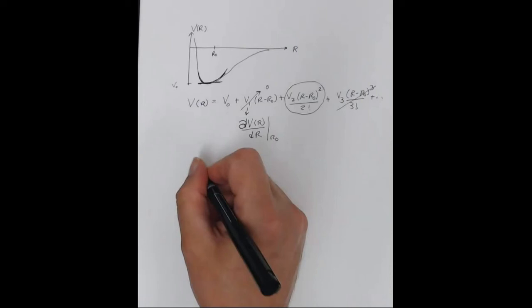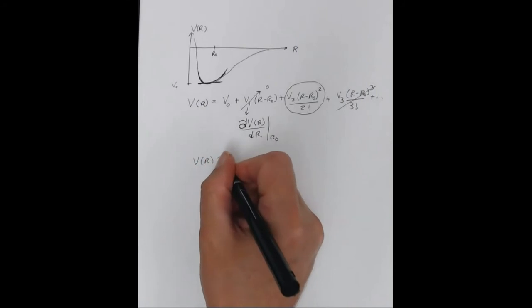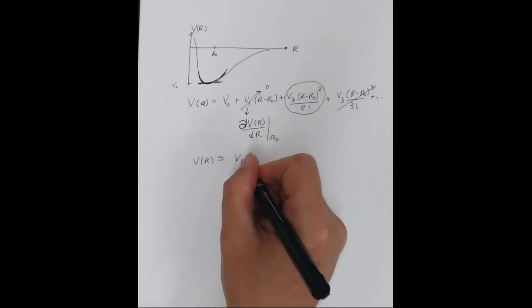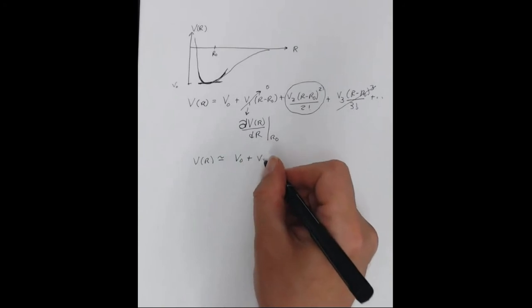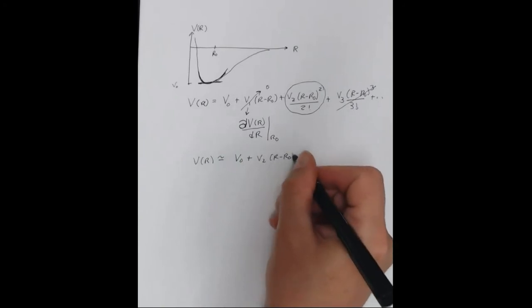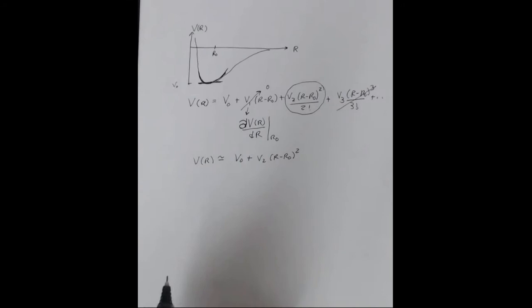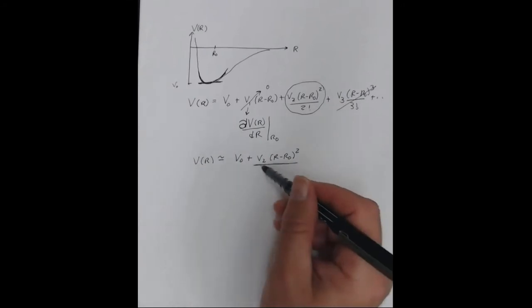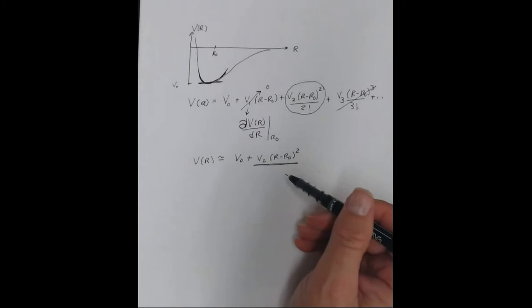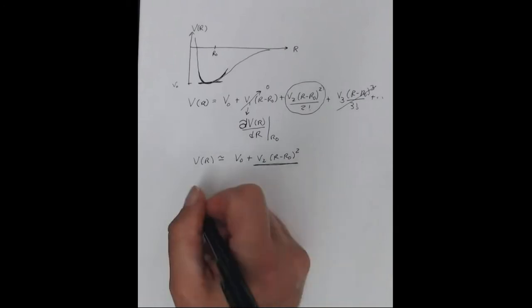So we can write this as approximately the quadratic term plus some constant. Well, we know that when we have a potential like this and we have a quantum system, we already know what the energies are.